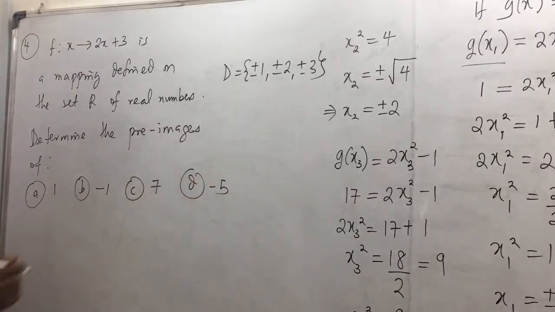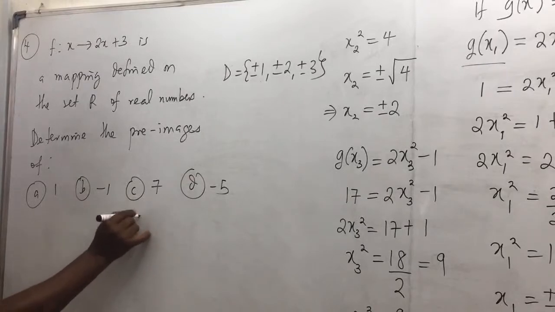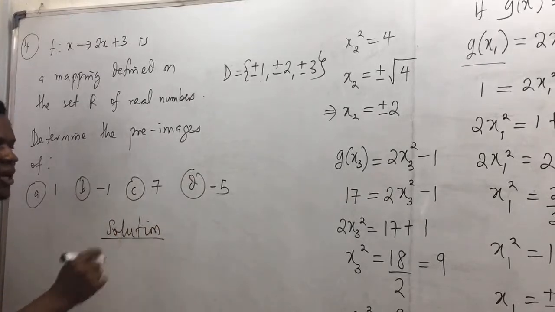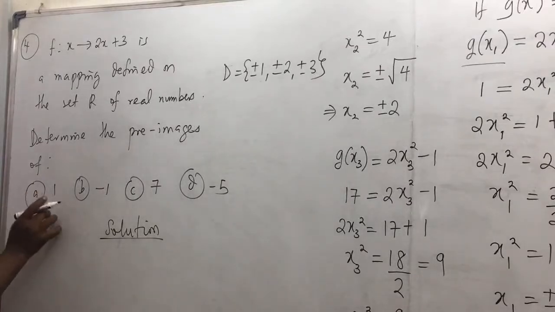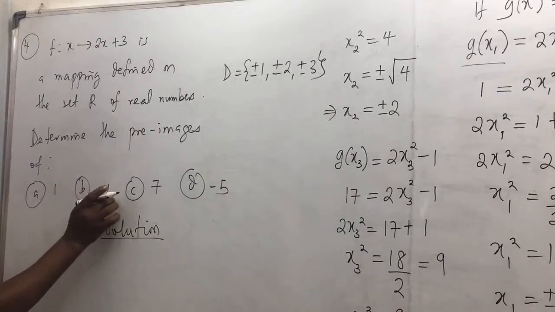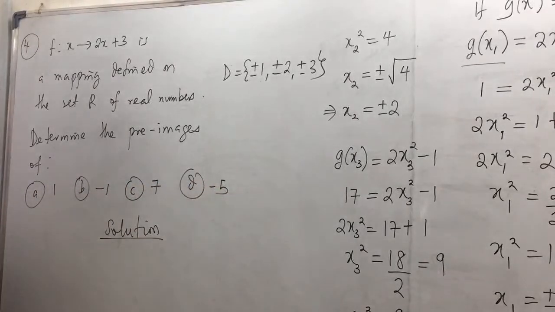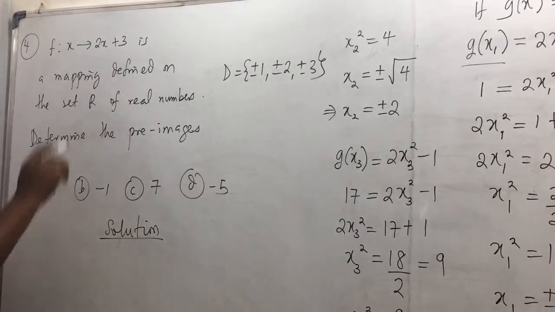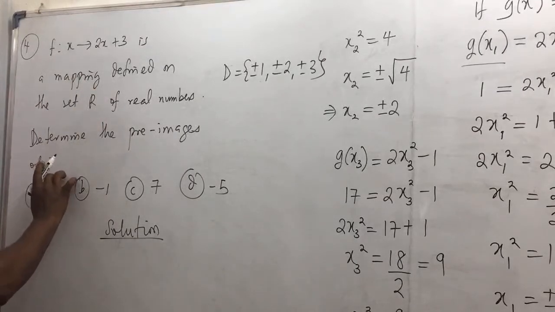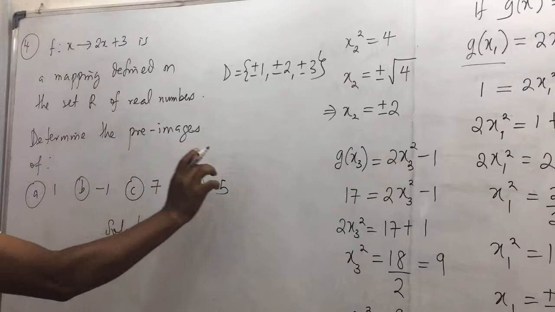Now, let us start with interpreting the problem. What does this question really want? This question is telling you that 1, minus 1, 7, and minus 5 are members of what you can call the domain. So the domain is actually R, the set of all real numbers, but out of this domain, they are taking out 1, minus 1, 7, and minus 5.